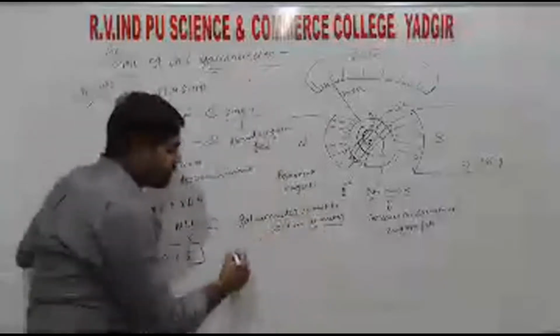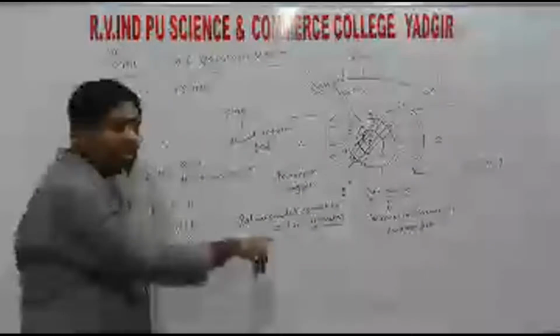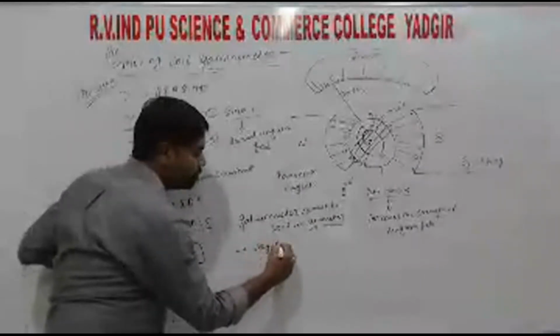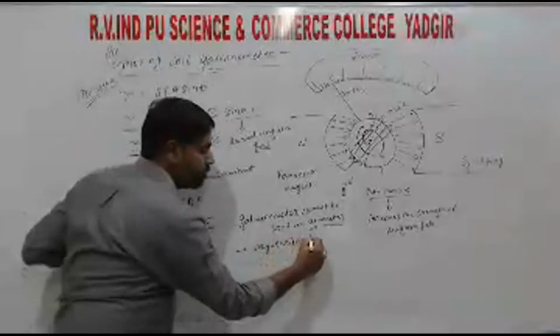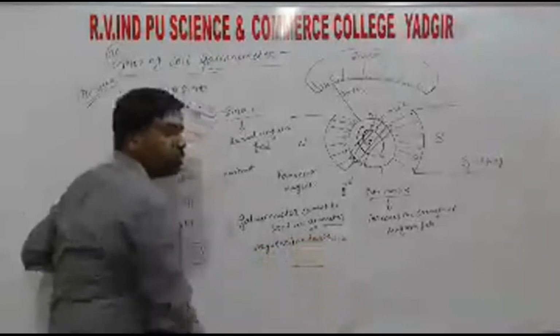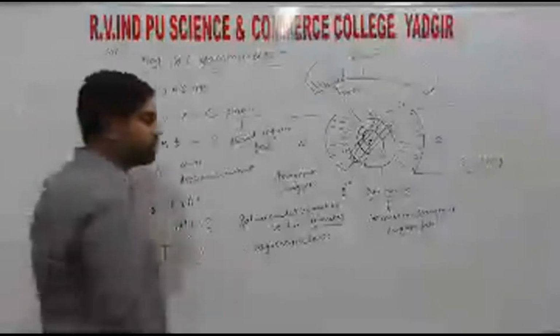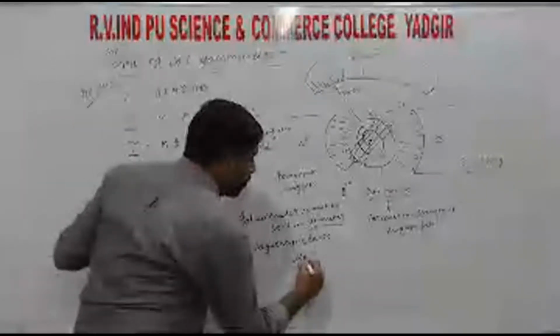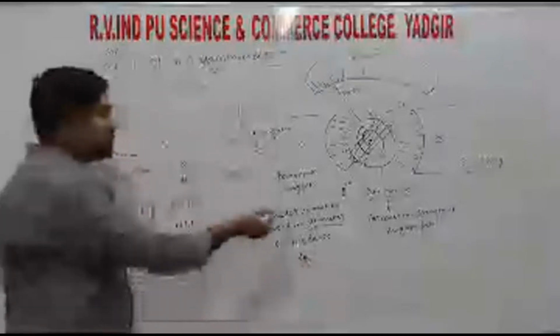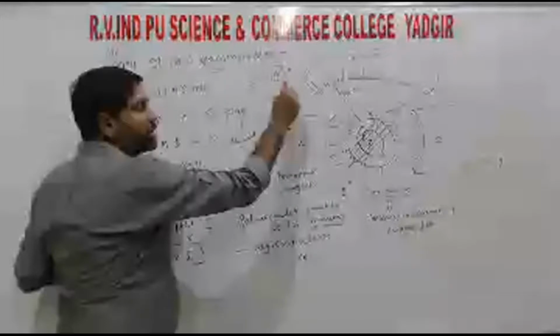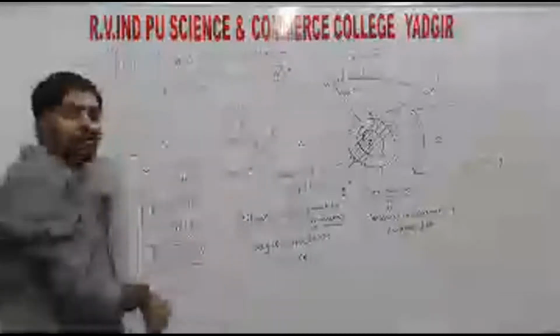So why? Because we have two reasons. The galvanometer is a very sensitive device, right? It shows deflection even for a small order of current, that is of the microamperes. Even if the current is of the order of 10 to the power of minus 6 amperes, it shows the deflections, right?